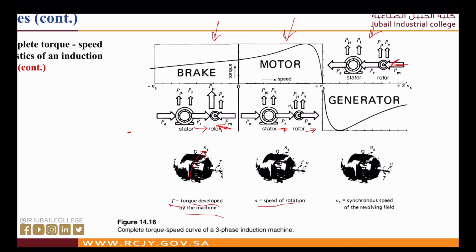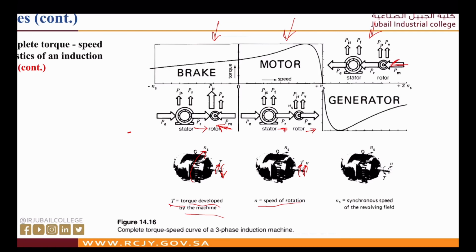So in case of brake, we will have an opposite torque direction, right? Then this is the induced torque, and this is the mechanical torque. Now it is going to brake. If they are in the same direction, then we will have motoring mode.